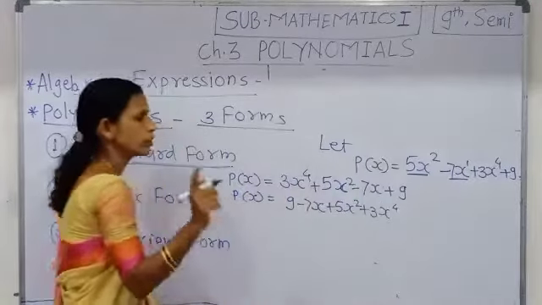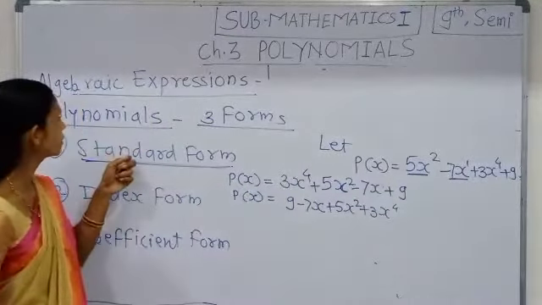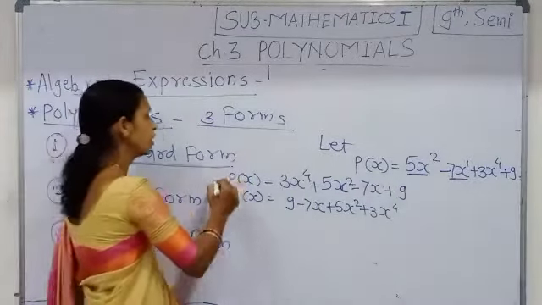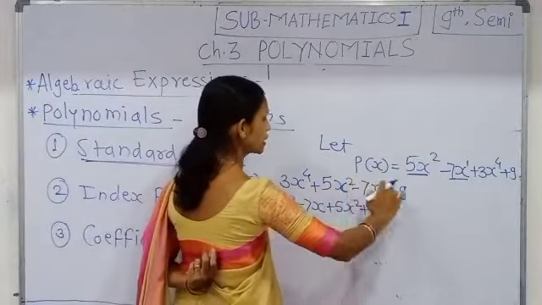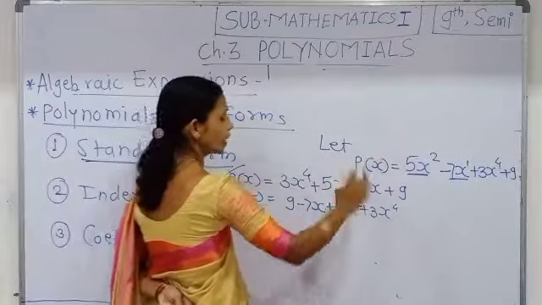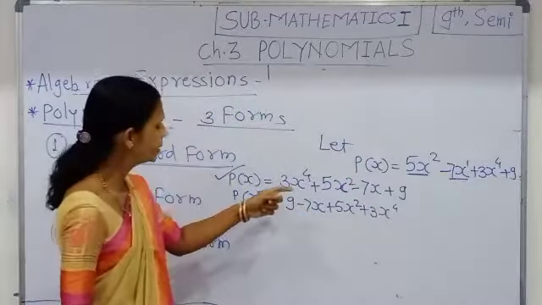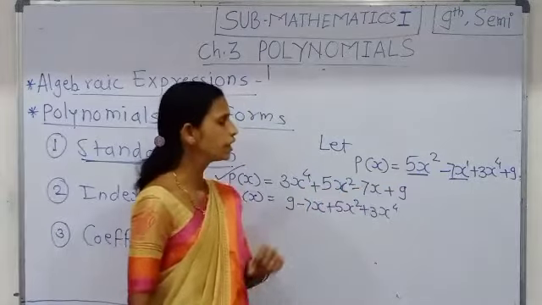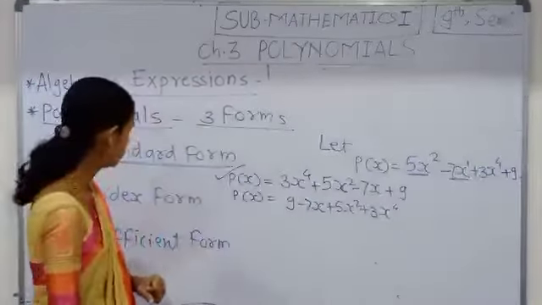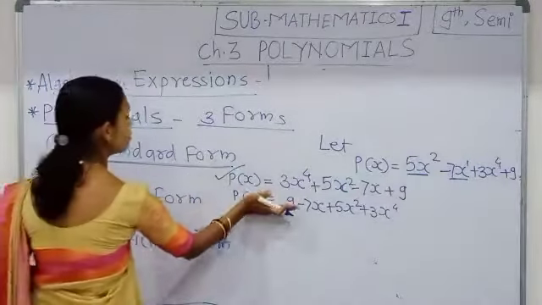That is also a standard form of that polynomial. But generally we write the standard form in the descending order of the degrees of variables in each term of the given polynomial.